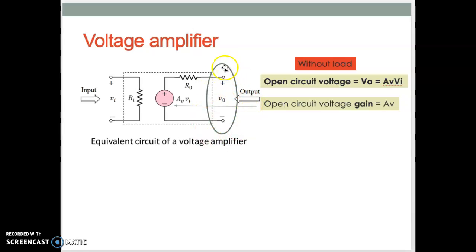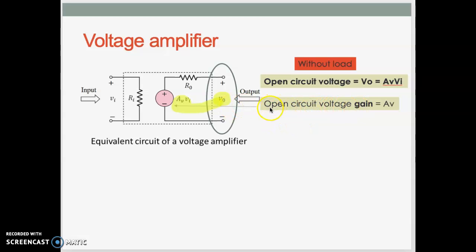When the output is not connected to the load, you can assume that your V out here is the same as AV VI. So this is only the open circuit voltage.